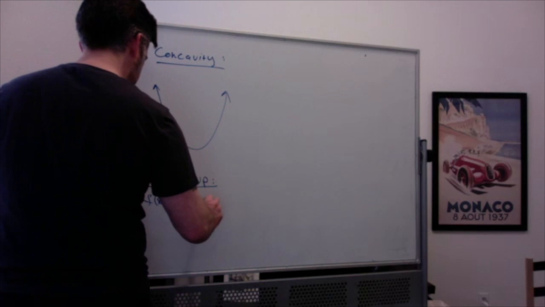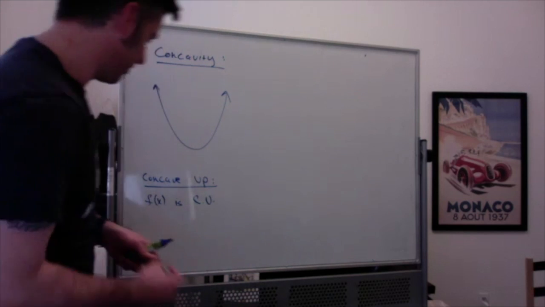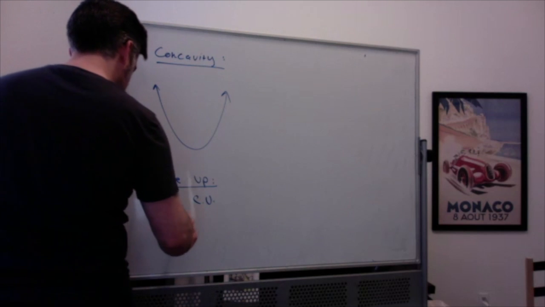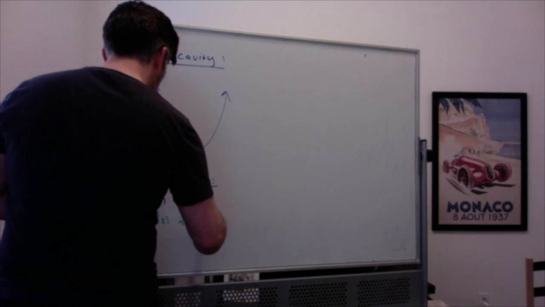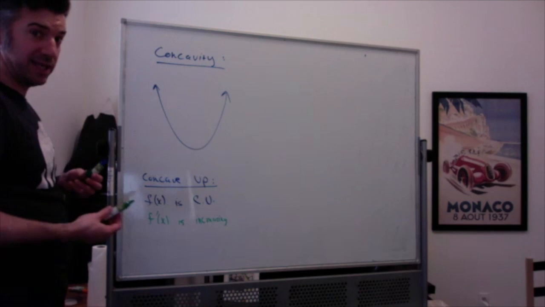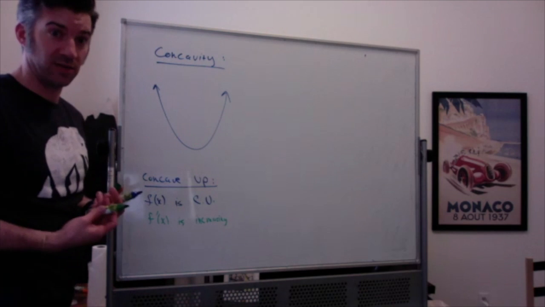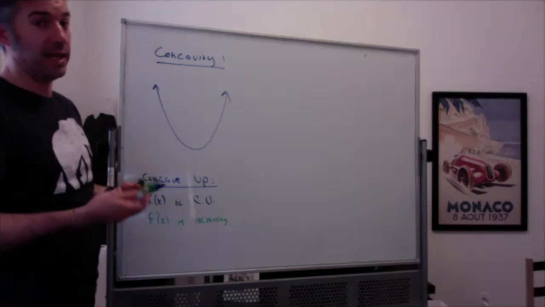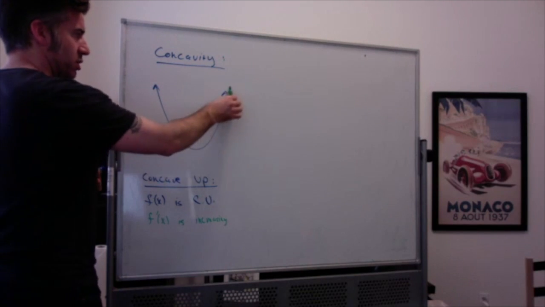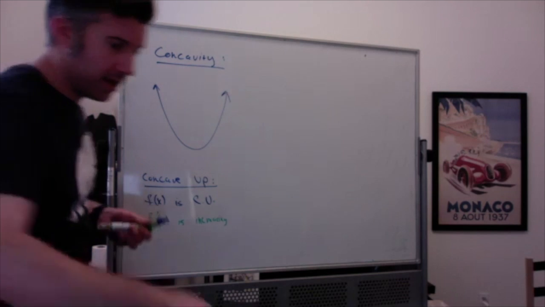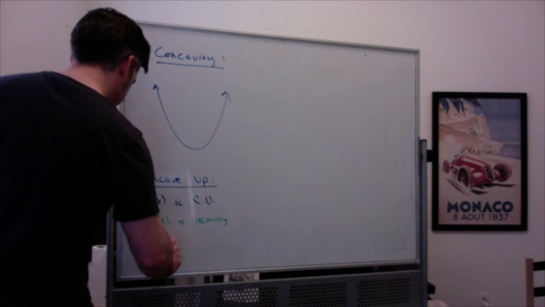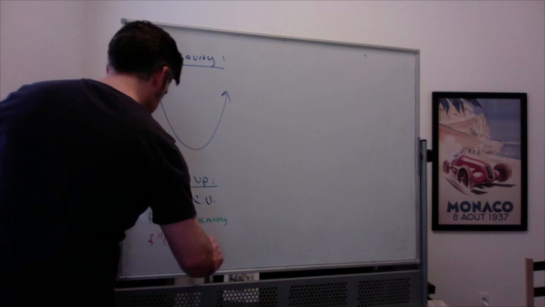is concave up. But like I was saying previously, I also think about the first derivative is increasing. As I move from left to right, the slopes of my tangent lines get larger and larger, or less negative: super negative, less negative, 0, more positive, super positive. And that's also the same as saying the second derivative is positive.